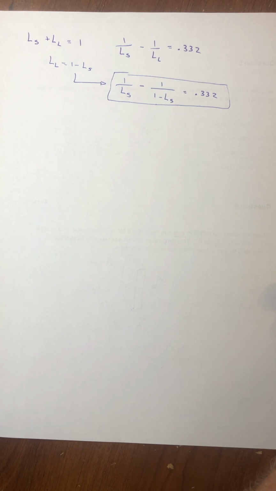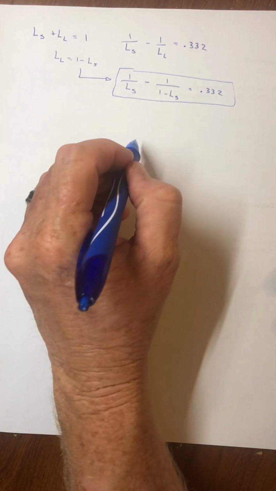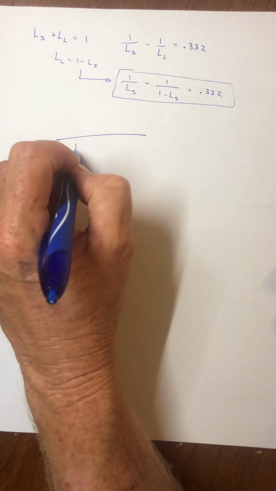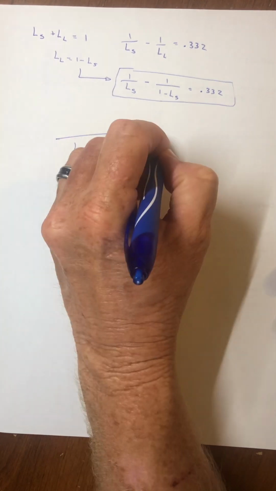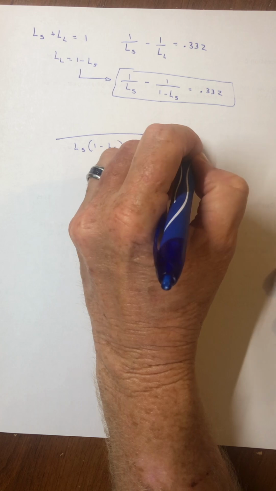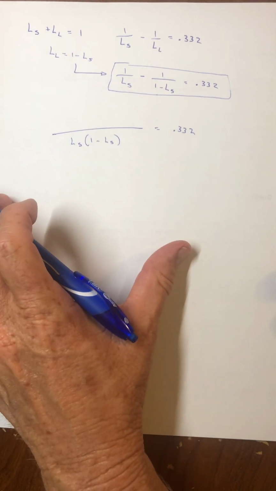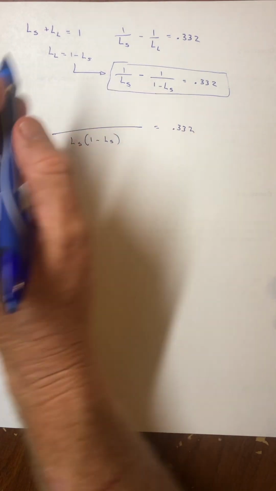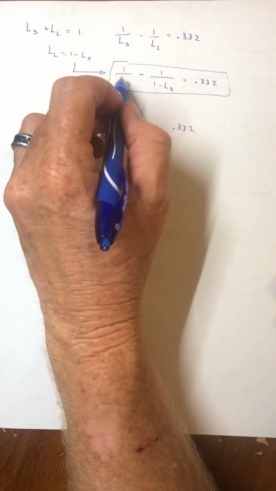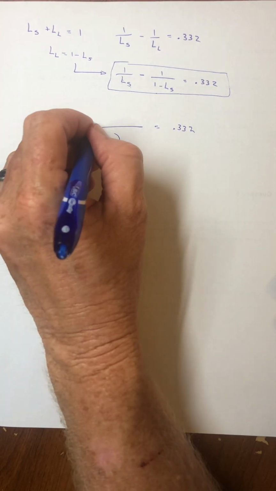Okay, so with that in mind, we still got quite a bit of algebra to do because this denominator thing makes it a little more challenging. So, like all fractions, you need a common denominator. And so I'll just multiply the two to get a common denominator. Since this one already has an LS in it, I have to multiply this one, top and bottom, by 1 minus LS.